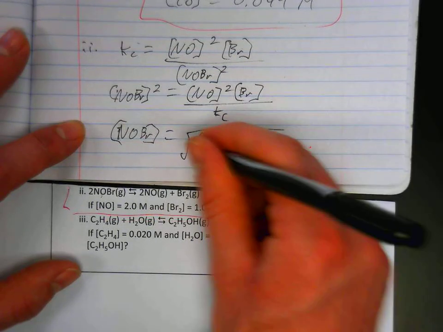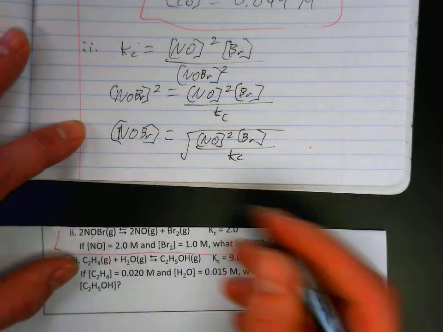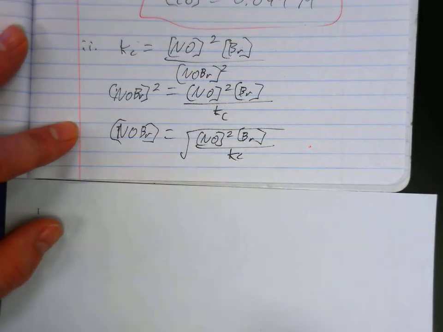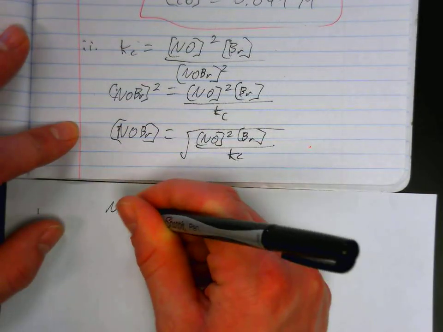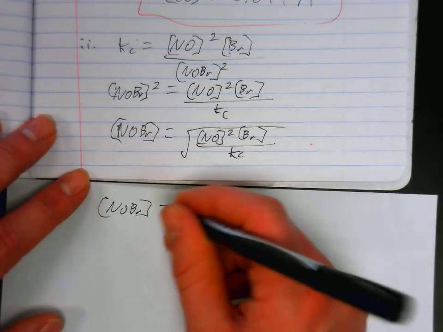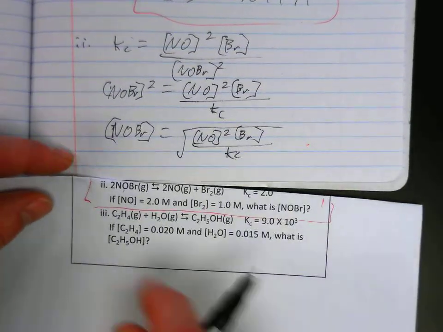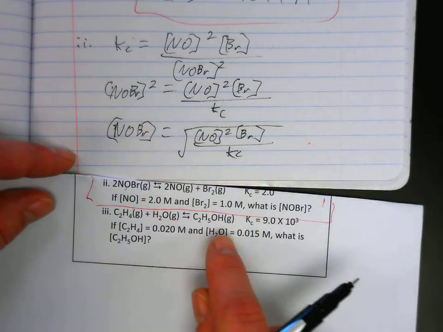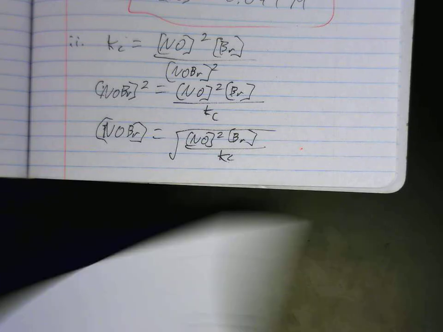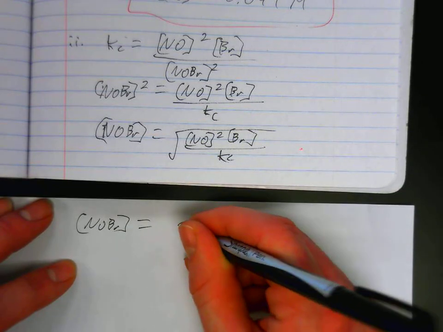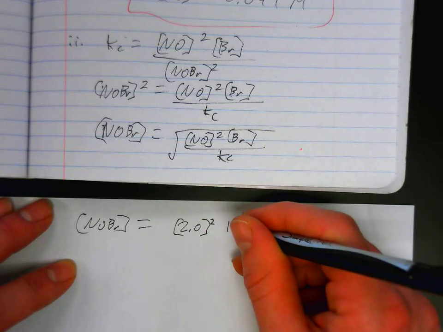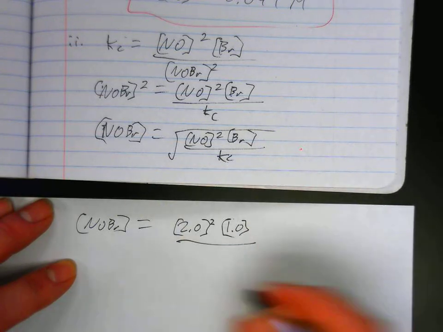Now if we plug in those numbers for this equation, NOBr is, plugging in those numbers, 2 for NO, Br2 is 1, and Kc is also 2. So we're going to have 2 squared times 1, all over 2, square root.